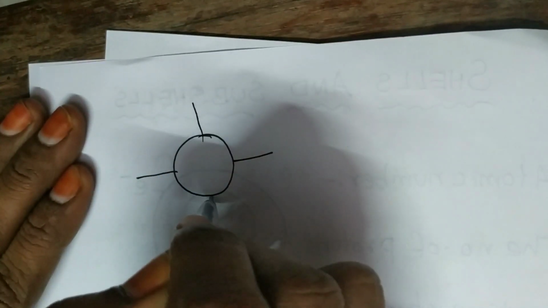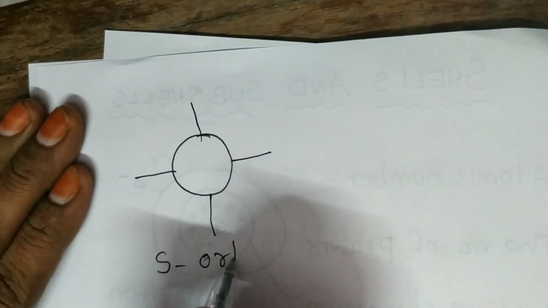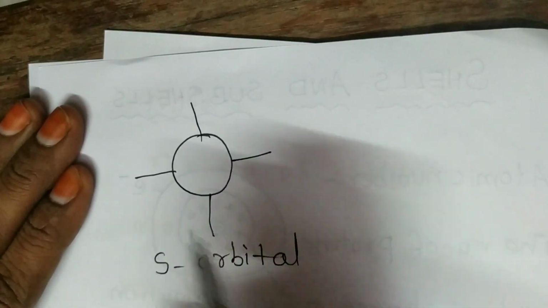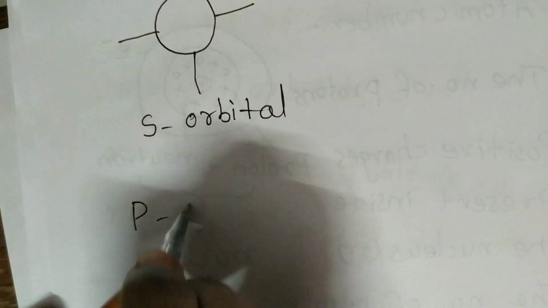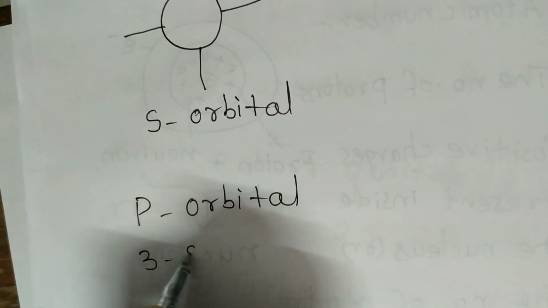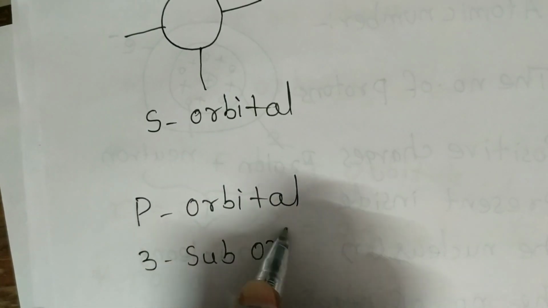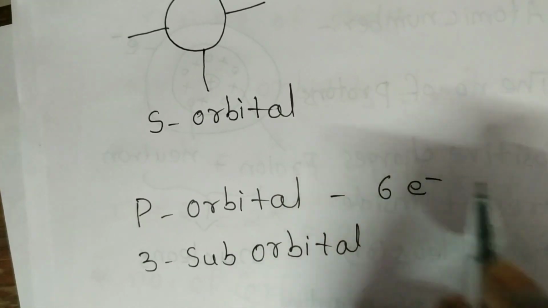For example, the s orbital is spherical in shape, as I said. The p orbital has 3 suborbitals, and the p orbital can accommodate 6 electrons.